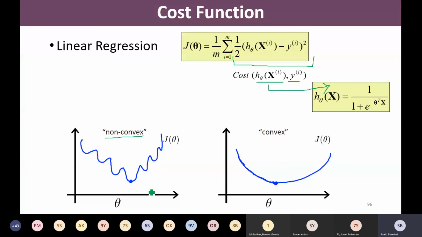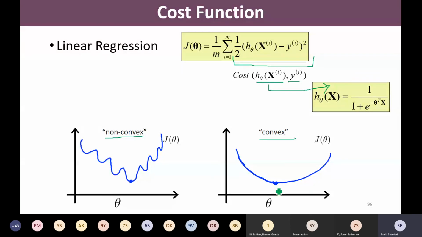In linear regression, we had a linear function, and that is why our cost function was always a convex function of this form, a bowl-shaped function.